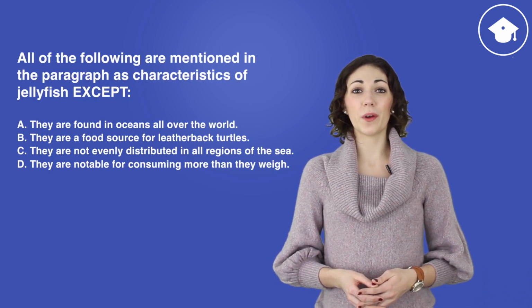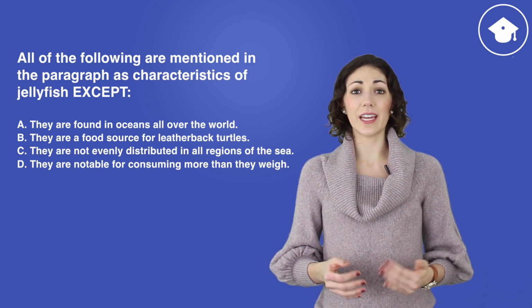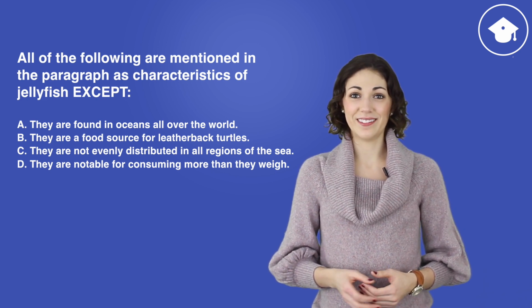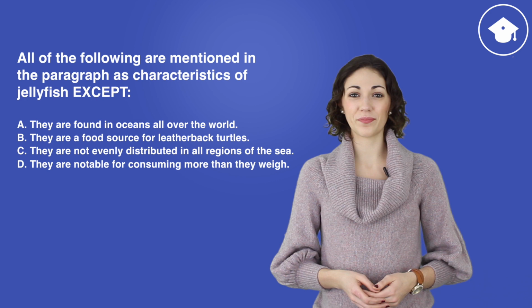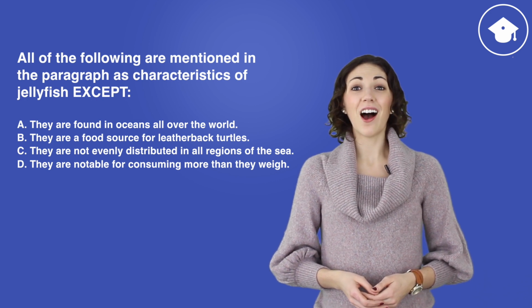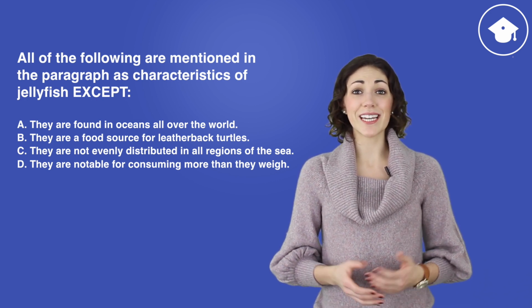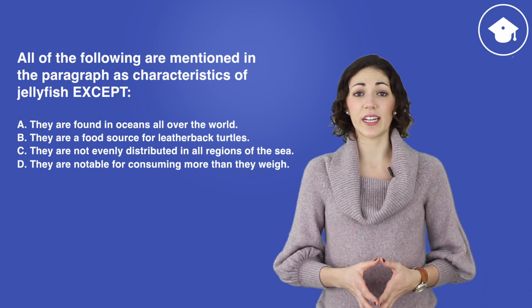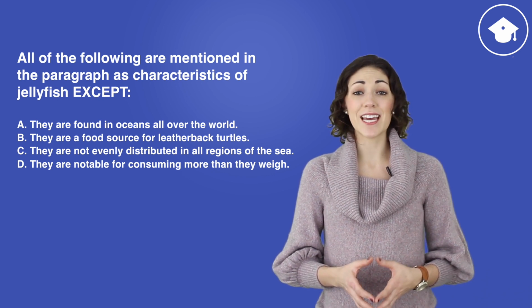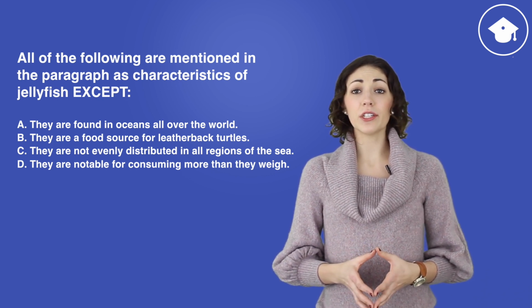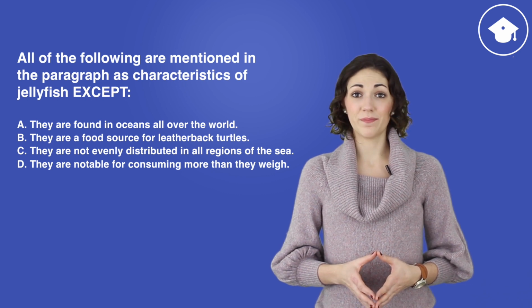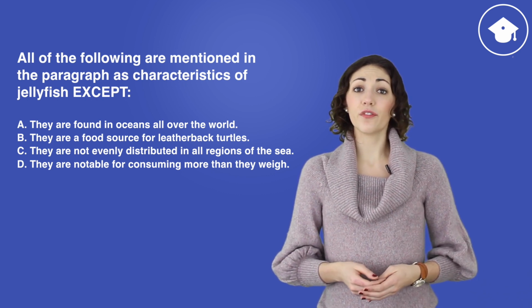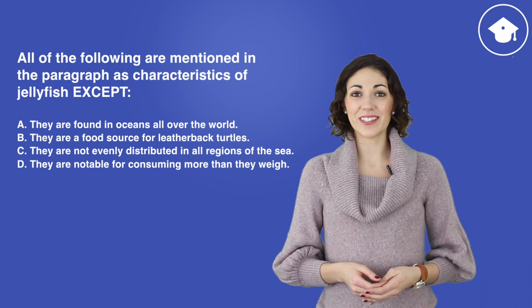Here's the question we were looking at earlier, now with the answer choices included. All of the following are mentioned in the paragraph as characteristics of jellyfish EXCEPT: A. They are found in oceans all over the world. B. They are a food source for leatherback turtles.